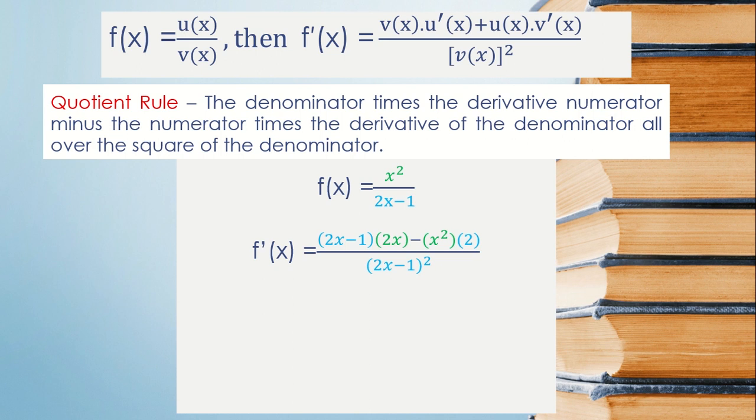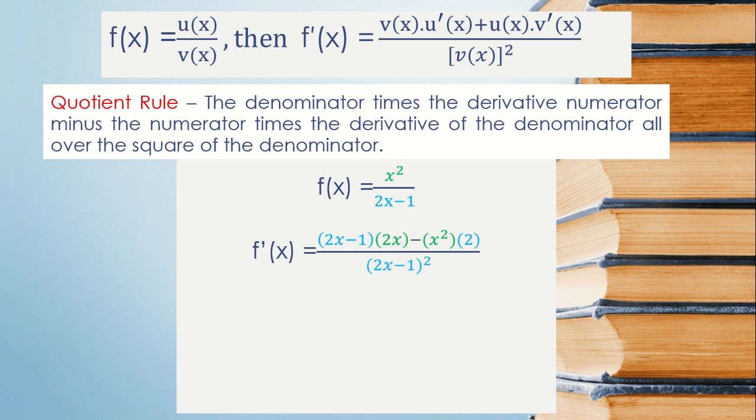Next, anong sabi? We need to multiply that one times the derivative of the numerator. So, multiply yung denominator sa derivative ng numerator. Ano yung derivative ng numerator? Our numerator is x squared. Derivative of that ay 2x. Okay? Power formula.